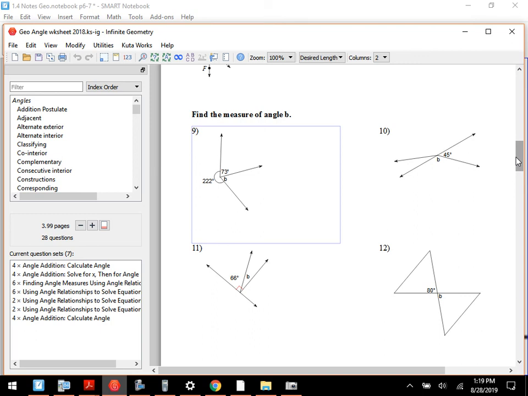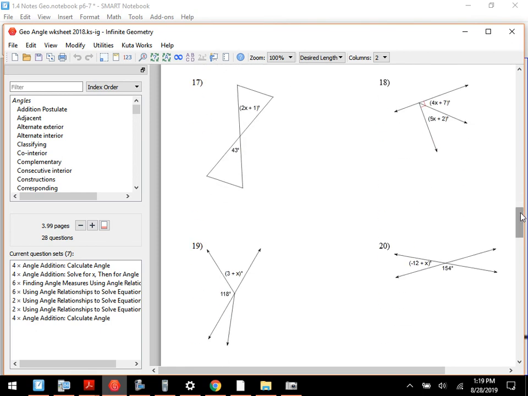Number 9, the diagram looks a little bit different from stuff that we've done so far. But I'm pretty sure that most of you guys can try to figure this out. How many degrees does it take you to get around something? 360, which means 73, 222, and B have to add up to equal 360. Okay, very good.